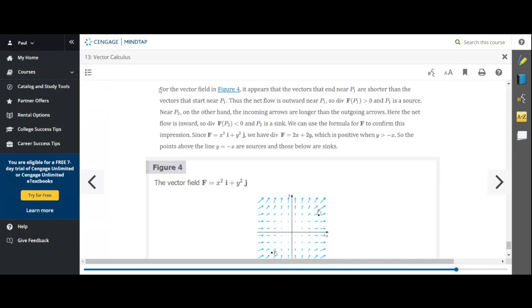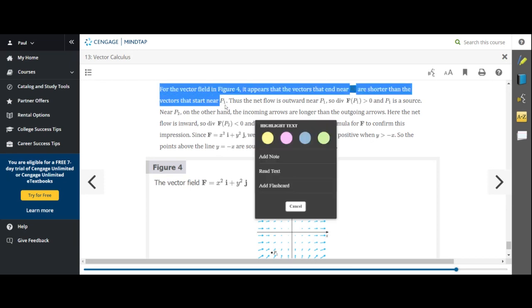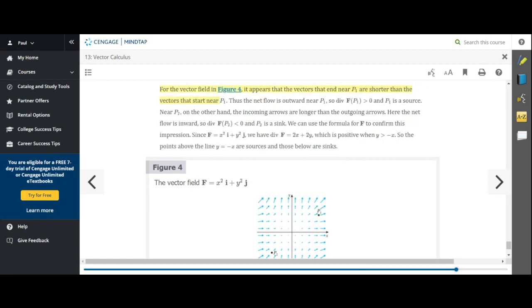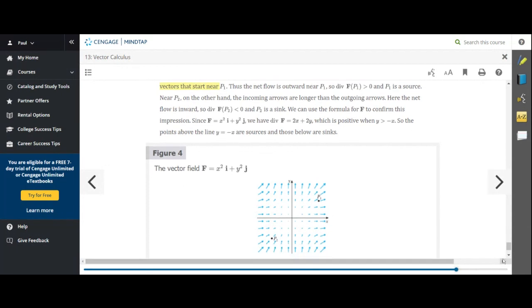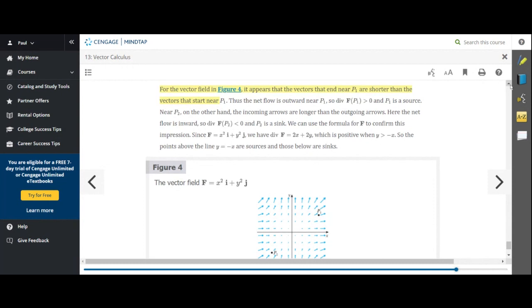What they do in figure 4 is they show you a vector field. It appears that vectors that end near P1 are shorter than vectors that start near P1.